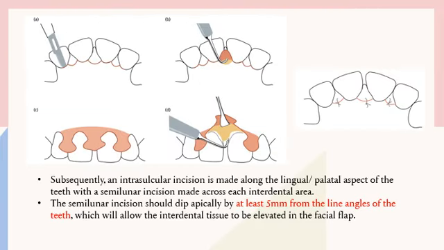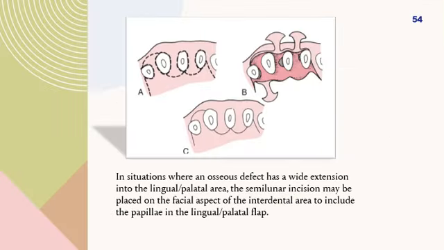Then you use a semilunar incision, which is at least 5 mm away from the line angle of the teeth in the palatal area, so that the interdental papilla is elevated with the facial flap. In a modified version, the incision can be placed in the buccal so that the interdental papilla is elevated with the palatal flap. There are many modifications of papilla preservation technique which I don't want to get into in this video, but I've described them in another video.